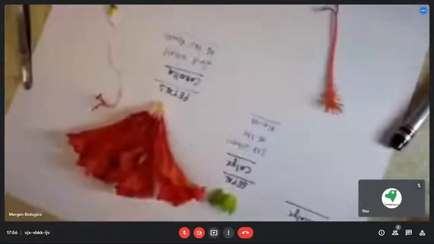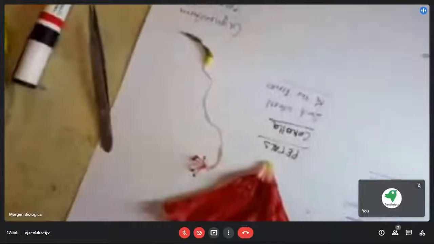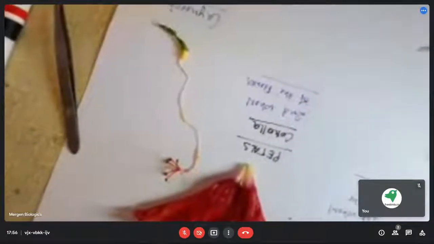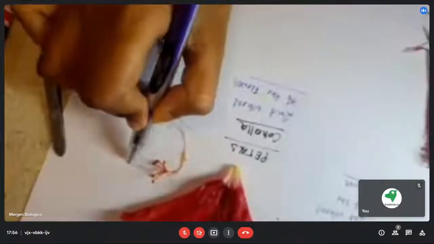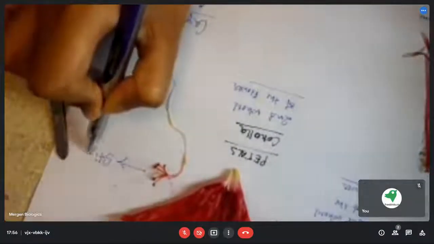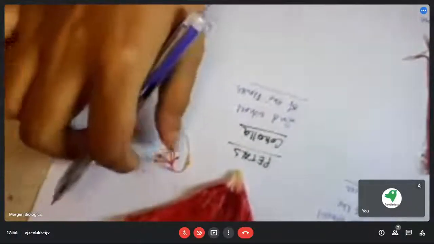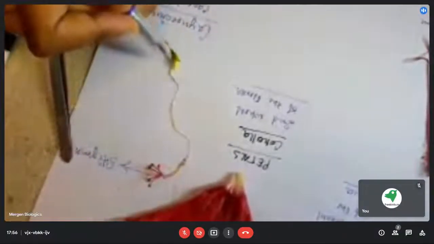Then the whole gynoecium or the female reproductive part has three different parts. The first one to start with is the stigma. Stigma, this filament-like structure.